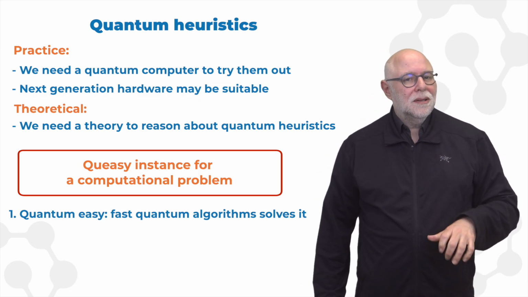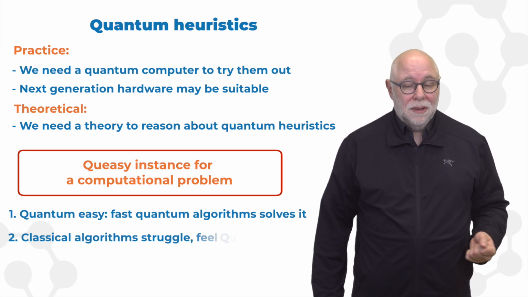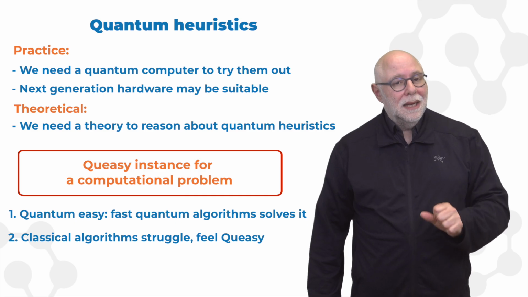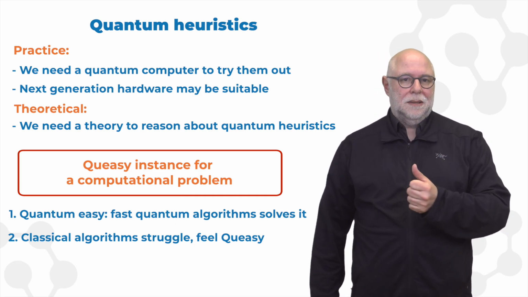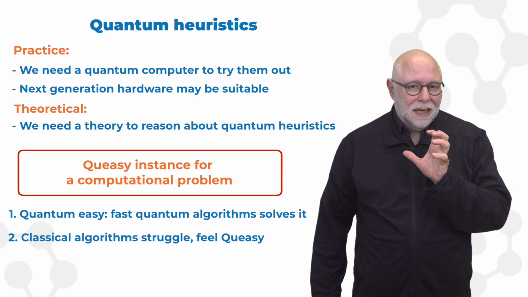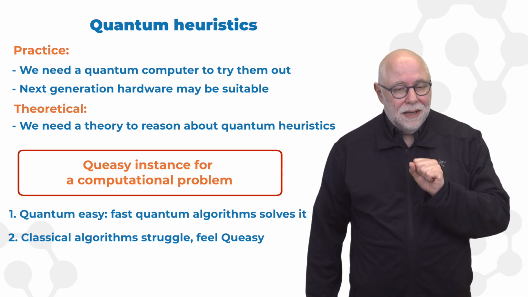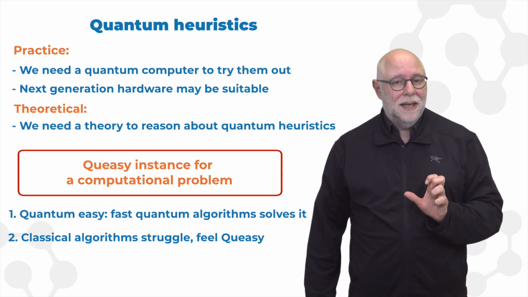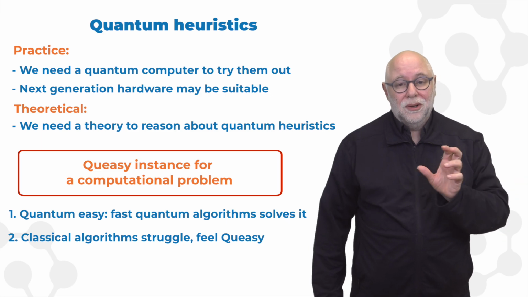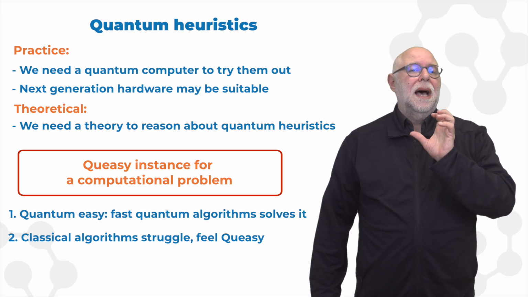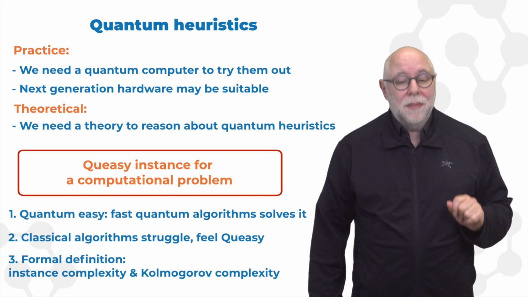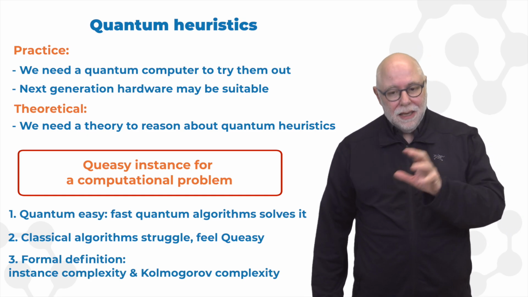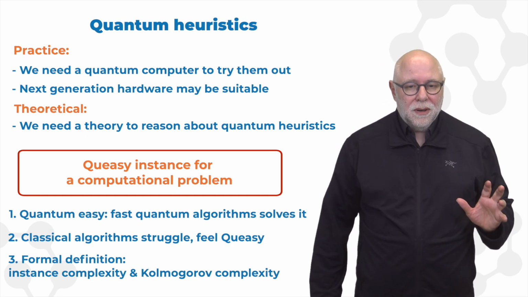But on the other hand, all the classical algorithms feel queasy, meaning that they struggle with this instance and they're not fast. These queasy instances are very interesting because those are precisely the instances that you want to run on your quantum computer. A formal definition of these has been made, and it uses notions of instance complexity and Kolmogorov complexity.